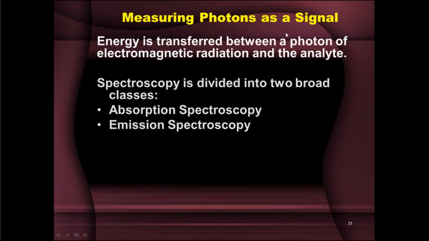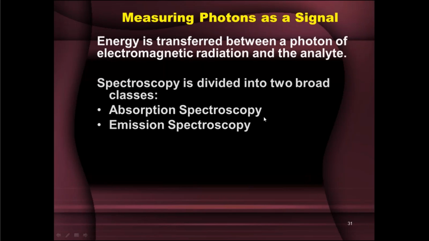So we are measuring photons as a signal. Energy is transferred between a photon of electromagnetic radiation and the analyte. We have seen that that's what happens in absorption: from the photon, the energy is transferred to the analyte. And in relaxation, from the analyte, a photon of energy is released. So spectroscopy is divided into two broad classes: absorption spectroscopy and emission spectroscopy.